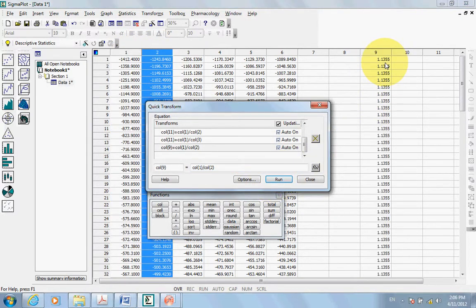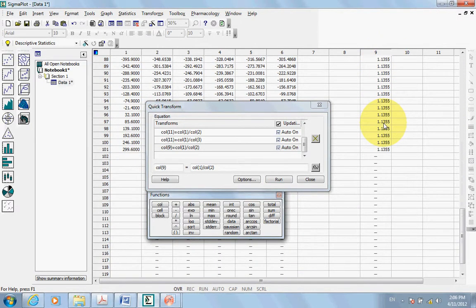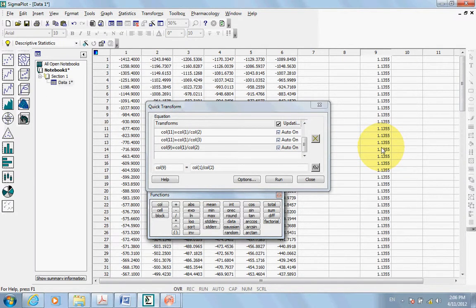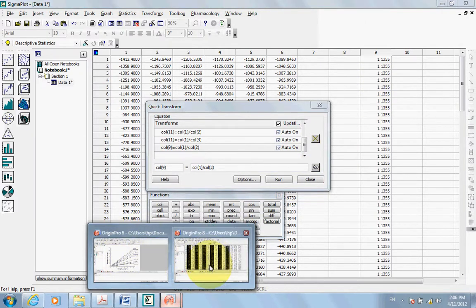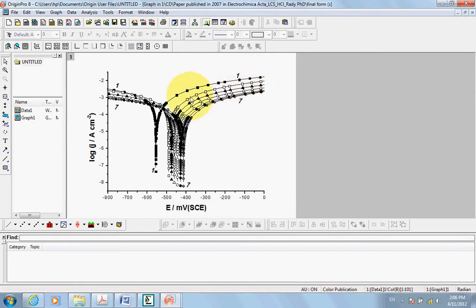The quotient here is 1.1355, 1.1355. How many times is this value repeated? Repeated 101 times, the same value. This means that each graph here has 101 points, and the first curve was multiplied by a constant to get the second curve or the second concentration, and multiplied by another constant to get the third, until we get 7 curves.